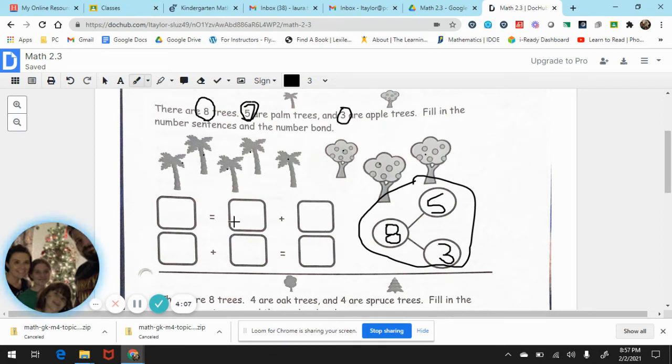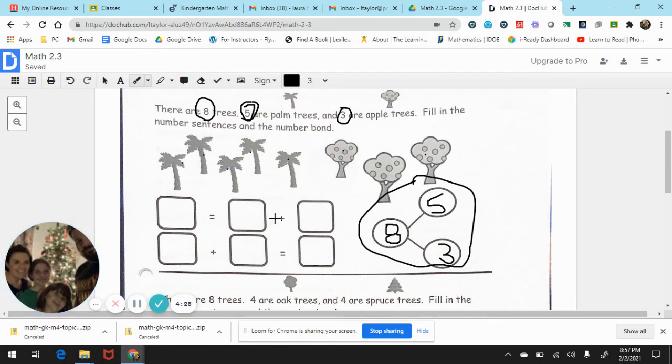So when we write number sentences, we are only going to use these numbers. So would I write 8 equals 6 plus 7? No, because that's not in my fact family, right? The numbers in my fact family are 8, 5, and 3.